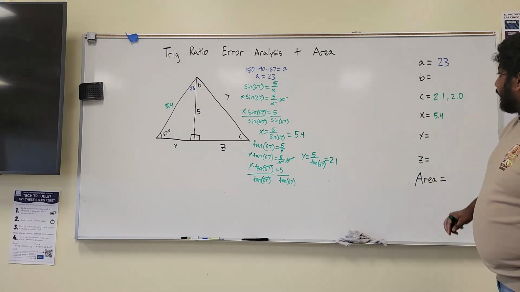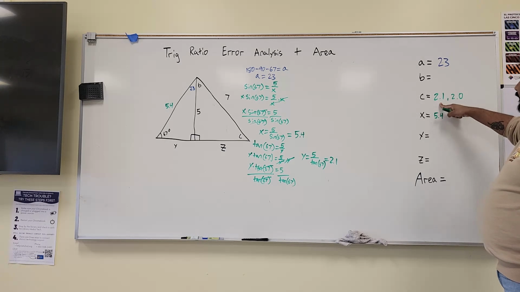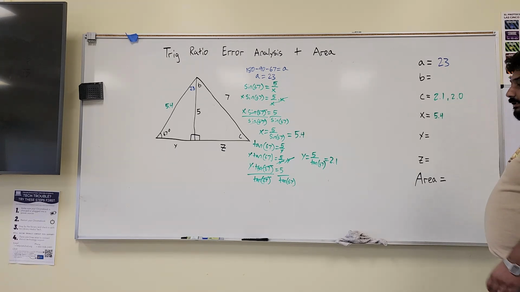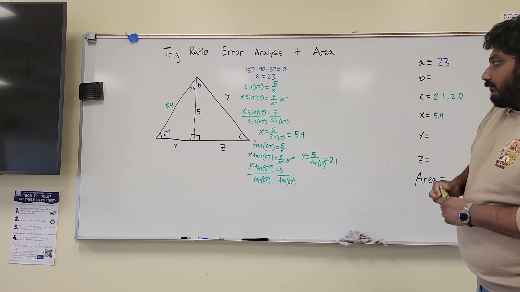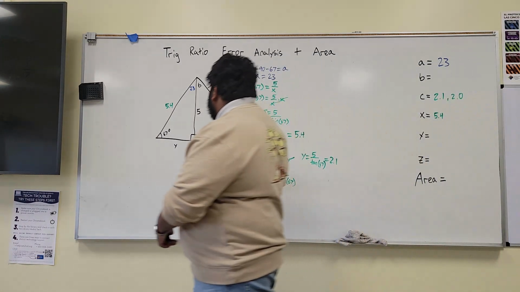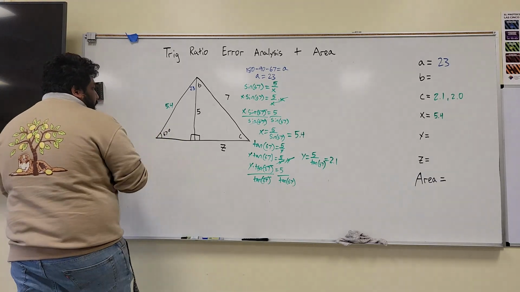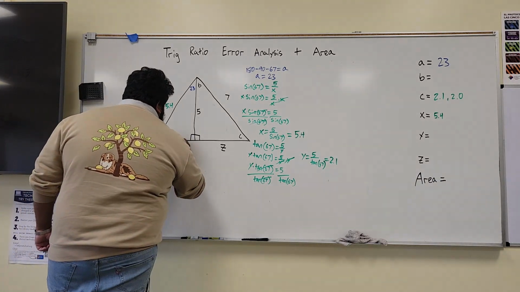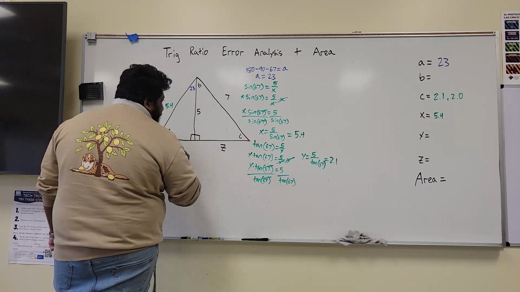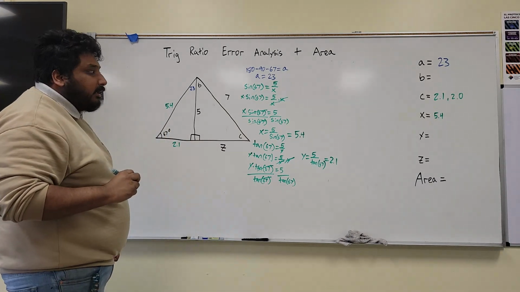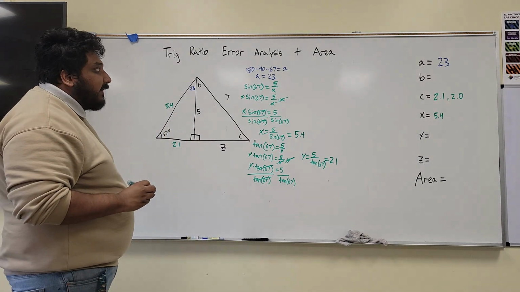You can get 2.1 in two cases, and 2.0 or just 2 in one case. So I will use 2.1, but when we calculate the area later, I'll use both of them to show you what values you could possibly get.